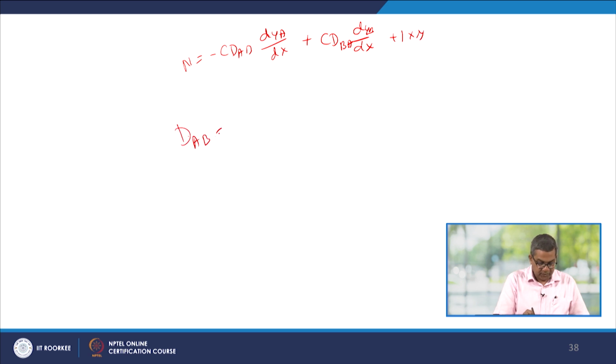Therefore, N is equal to minus C Dab dYa over dx plus C Dba dYb over dx plus 1 into N. Hence, Dab is equal to Dba.